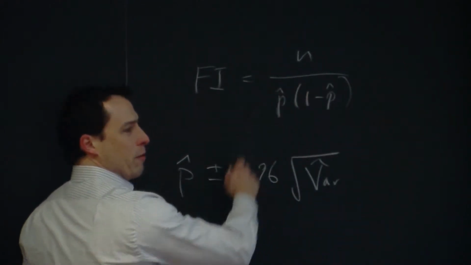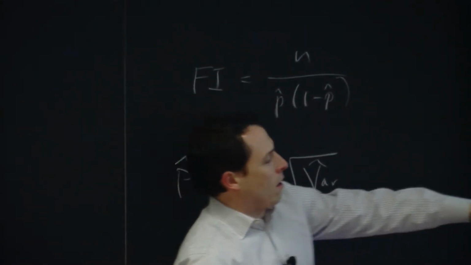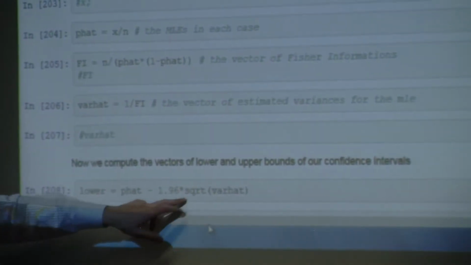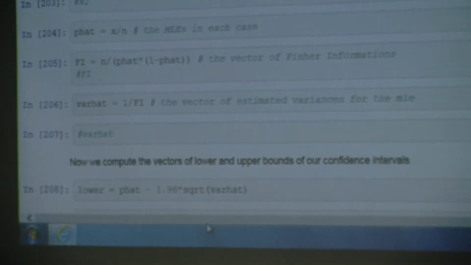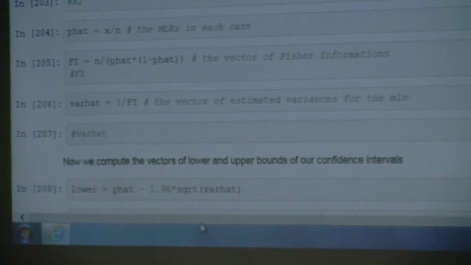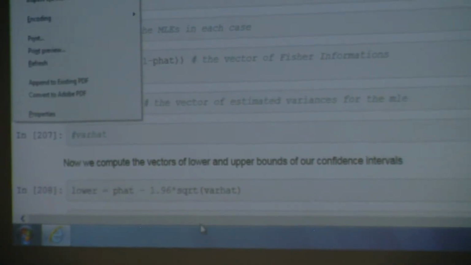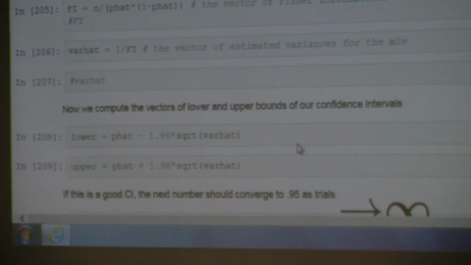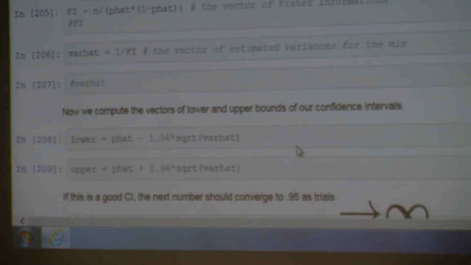That's what we're doing here. The lower bound is p hat minus 1.96 times the square root of the variance, and the upper bound is p hat plus 1.96 times the square root of the variance. So that's our confidence interval, right?